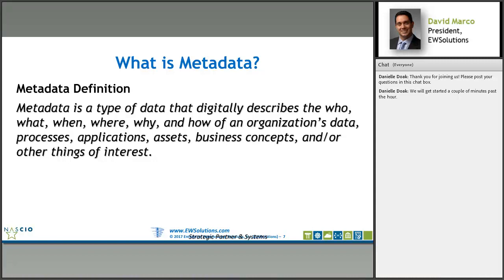It's digital. It's something that we have in a database. And it describes the basics of our organization's data, the who, what, when, where, how, and why. And it does this not only for data, but our processes, our applications, other assets, business concepts, and just other things of interest within our organization.